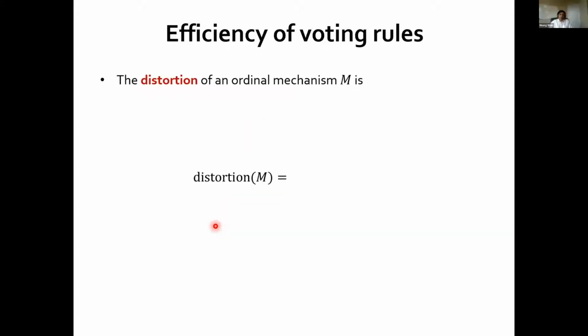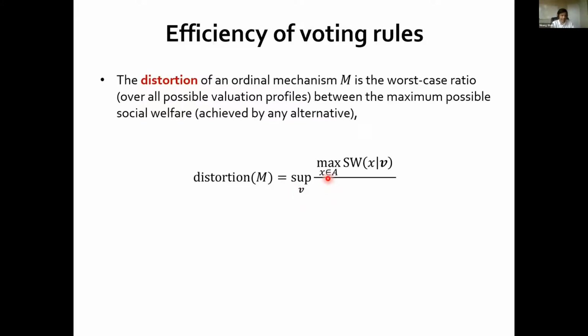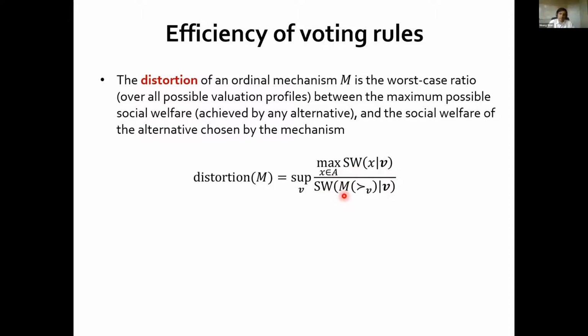And for the tenth time in the last three days, let me define what distortion is. The distortion of a mechanism is the worst-case ratio between the maximum possible social welfare that we could achieve by any alternative over the social welfare of the alternative output by the mechanism.